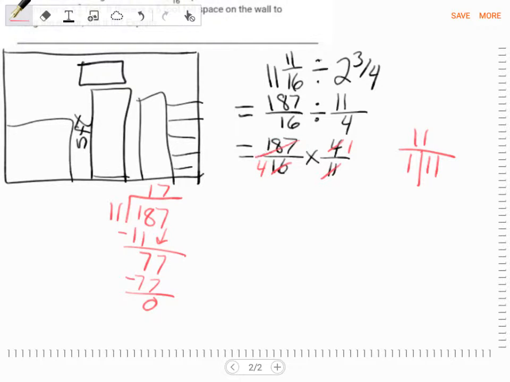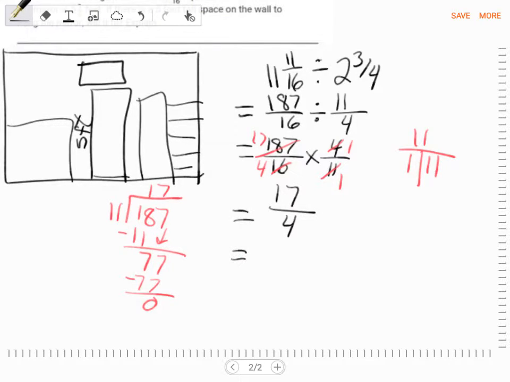So I'm going to cross cancel here. 11 goes into 11 one time, and 11 goes into 187 17 times. So now I've got these lovely numbers. I'm going to multiply. 17 times 1 gives me 17. 4 times 1 gives me 4.